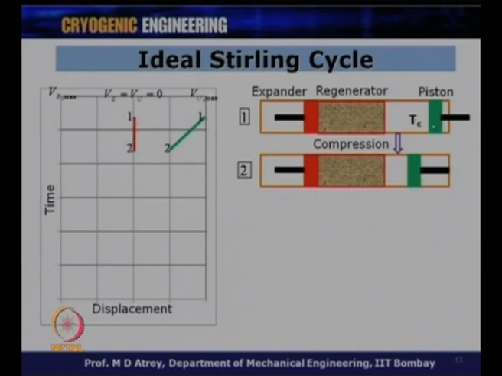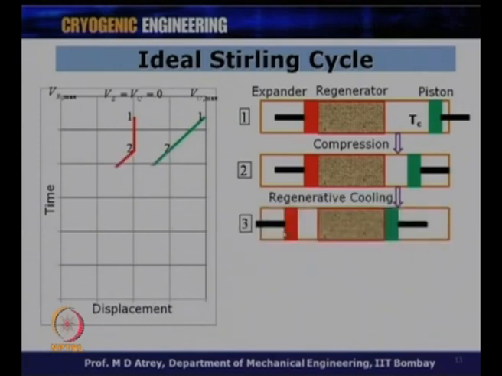You can see that during this time, 1 to 2 shows how this piston moved forward up to this point. However, during this time the expander piston remained at top dead center only. So, this piston is moving, but the expander piston remained at the same place. Now, during process 2 to 3, which is regenerative cooling or constant volume heat rejection, you can see that both the pistons are moving.